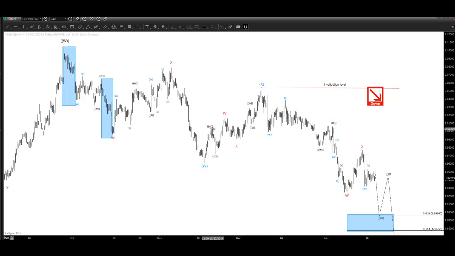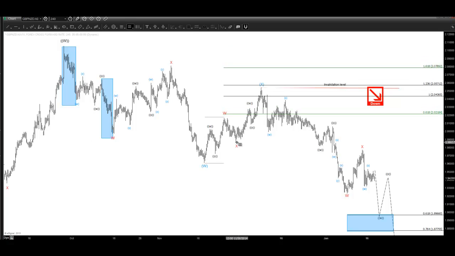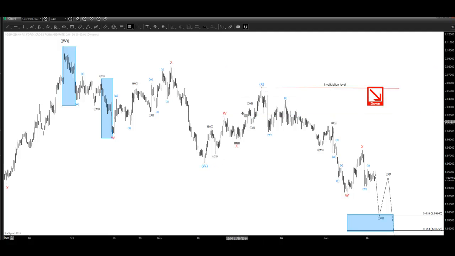Then right there the market retreated in another double. W, X, Y in black create the X in red, and you see how perfectly over here the market makes W equal to Y to create the X of higher degree.